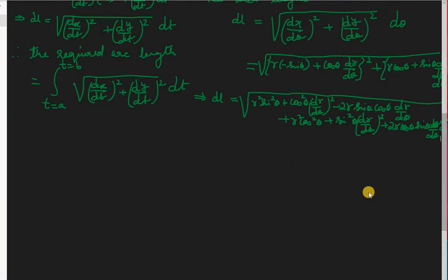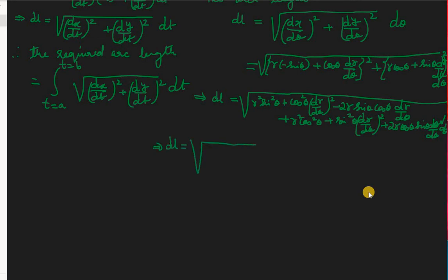Now let us further simplify this one. So dl is equal to the square root of, now r square sin square theta, and here I have r square cos square theta. So you combine this one and this one, then you get r square into sin square theta plus cos square theta. Now note down here this minus 2r sin theta cos theta dr d theta and plus 2r cos theta sin theta dr d theta.